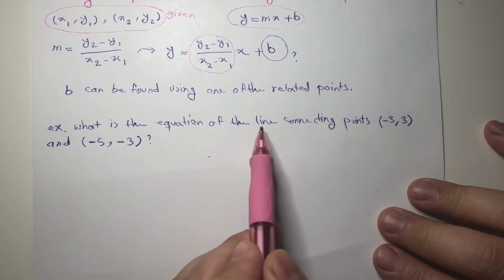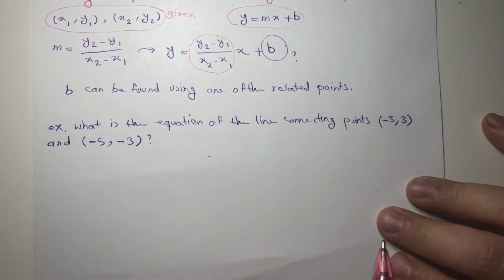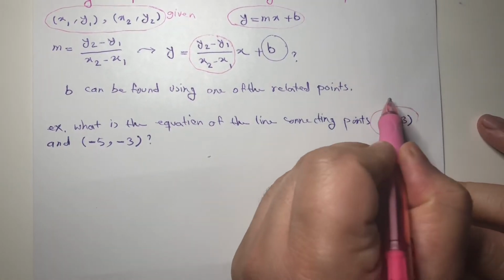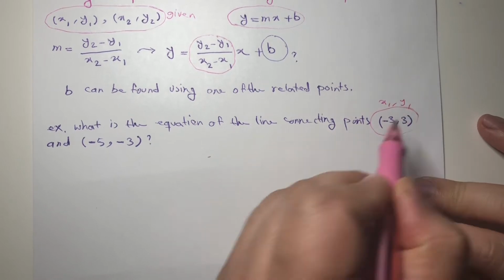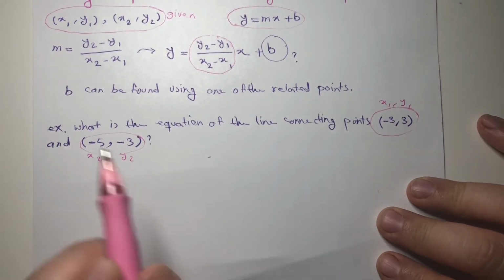What is the equation of the line connecting points (-3, 3) and (-5, -3)? Okay, so this is x1 and y1. This is x2 and y2, right?